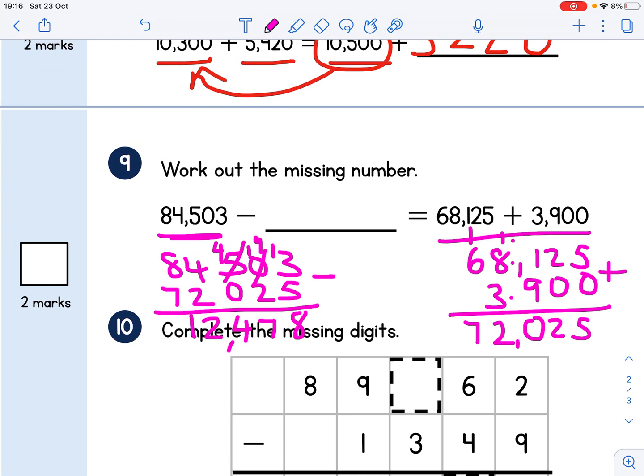And 8 take away 7 is 1. So here it's 12,478. If I subtracted that from 84,503, it should give me 72,025 as well.